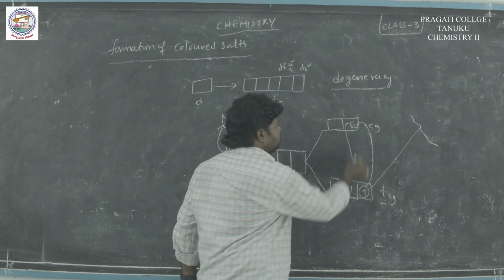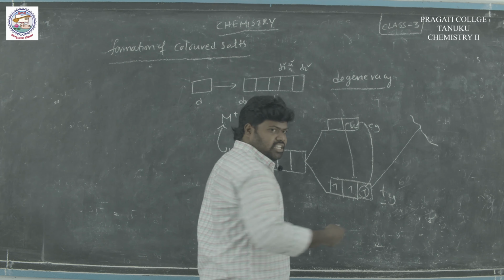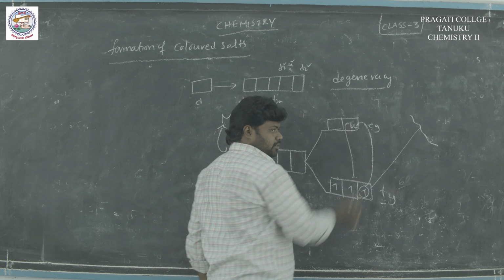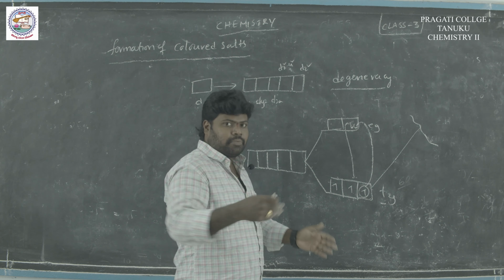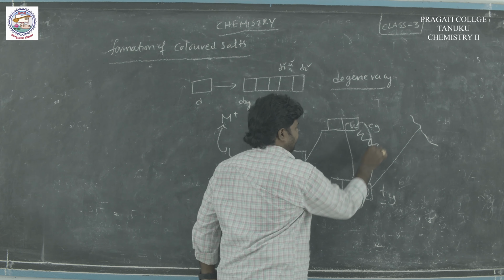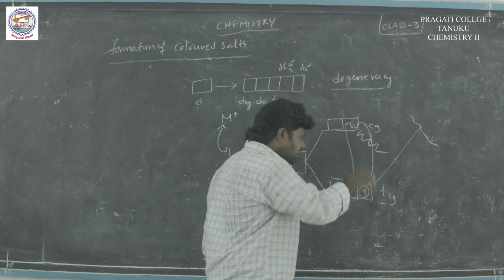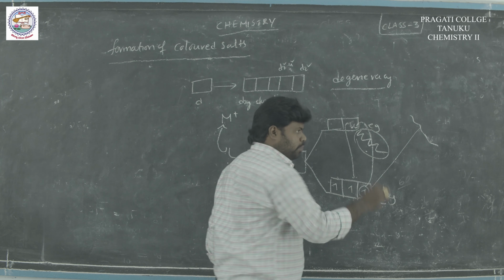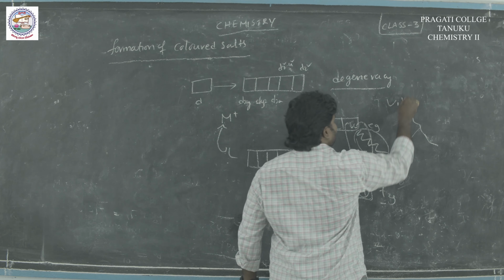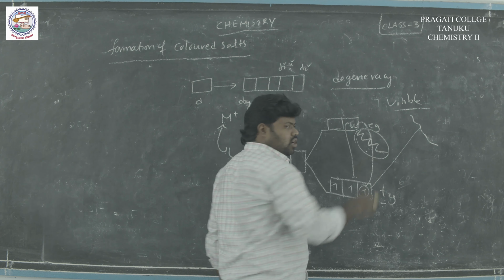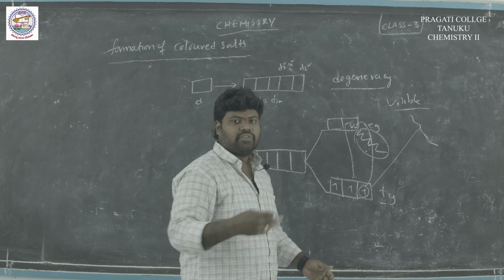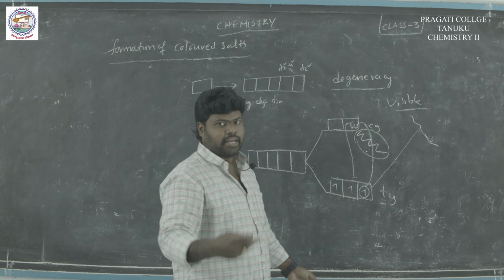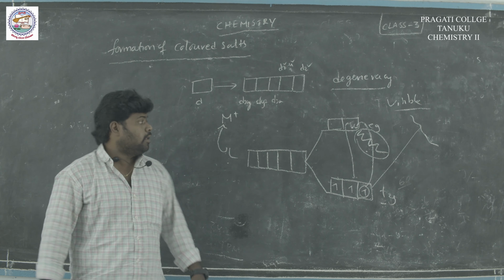When a certain amount of energy is absorbed, the electron is excited. Then that absorbed energy is emitted as it de-excites to the ground state. The emitted energy is also in the visible region, so in the visible region we see different colors.